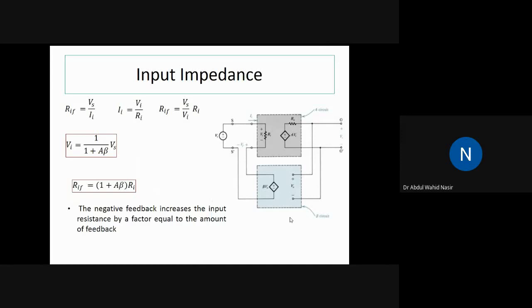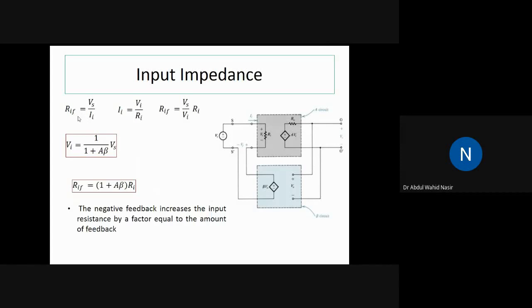Now we will see what happens if we have negative feedback in a voltage amplifier, or series-shunt feedback amplifier. This is the equivalent circuit model. What is RIF, the input resistance? The F suffix stands for feedback, and I for input.